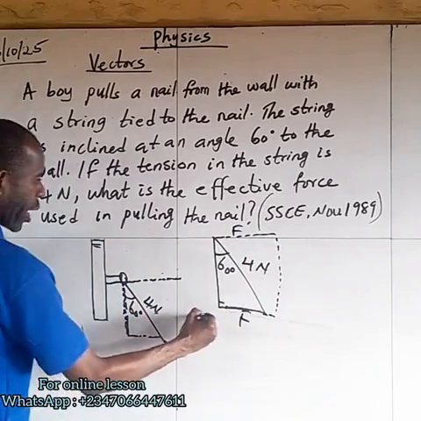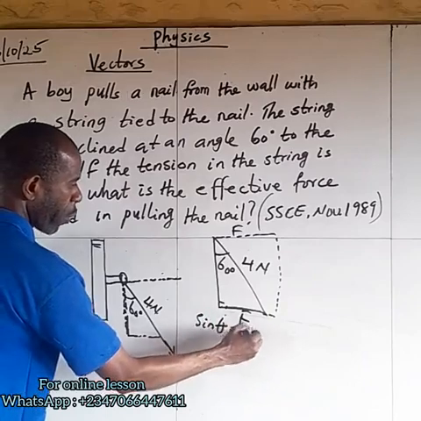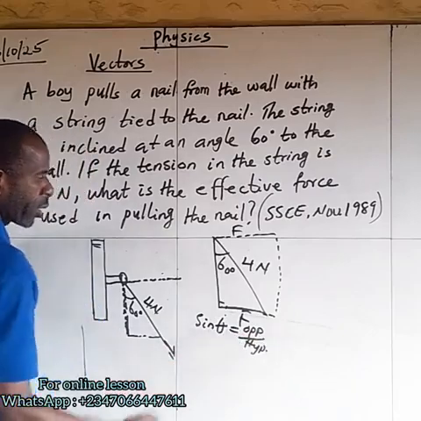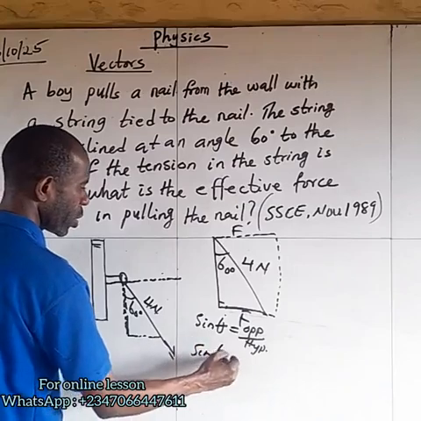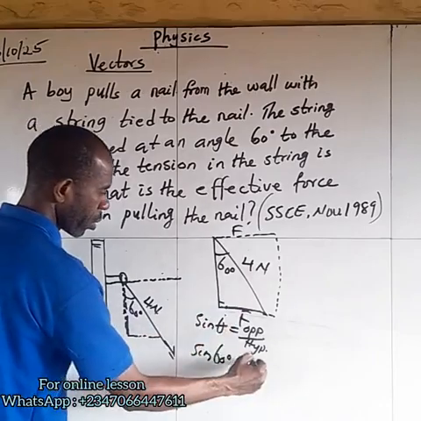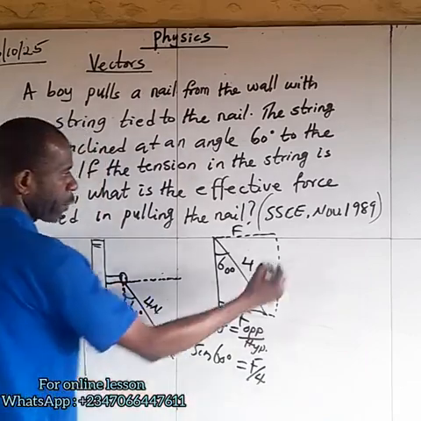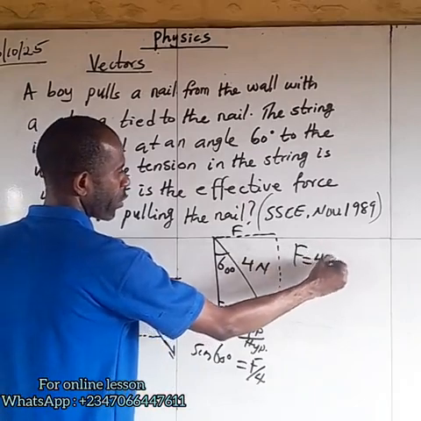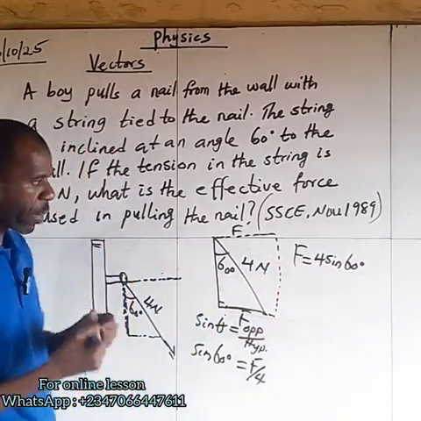So sine 60 degrees, or sine theta, is opposite over hypotenuse, and this is our opposite here. Which means we have sine 60 degrees equal to F over 4 Newton. So F is equal to 4 sine 60 degrees. Now let us use our special angle.